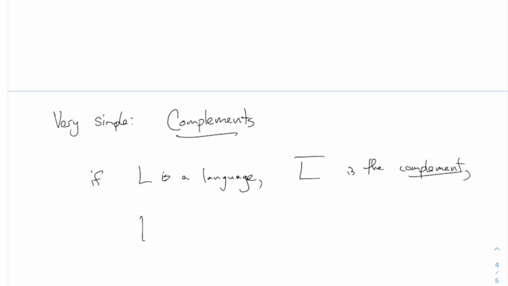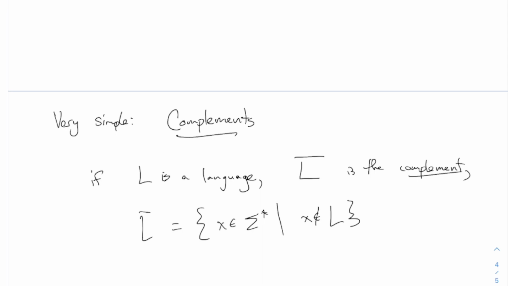L bar is, you could write it this way, the set of all x in the alphabet or strings such that x is not in L, right? L has a bunch of stuff in it. L bar is everything else.